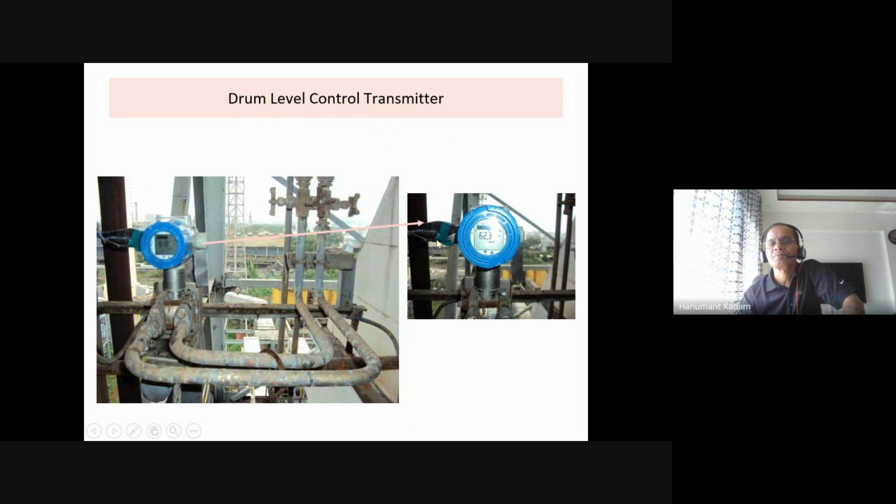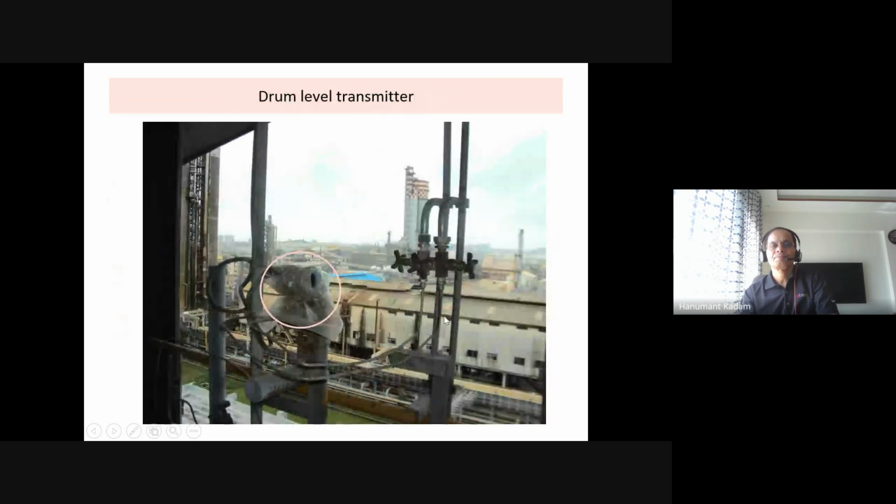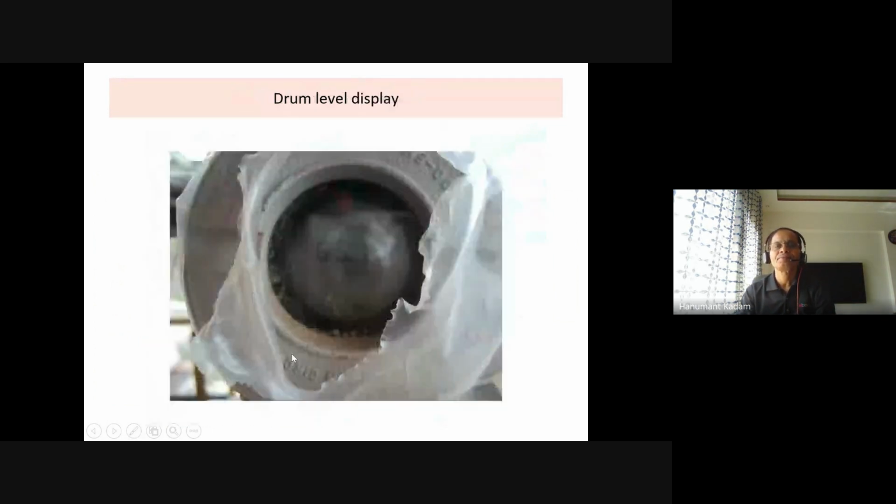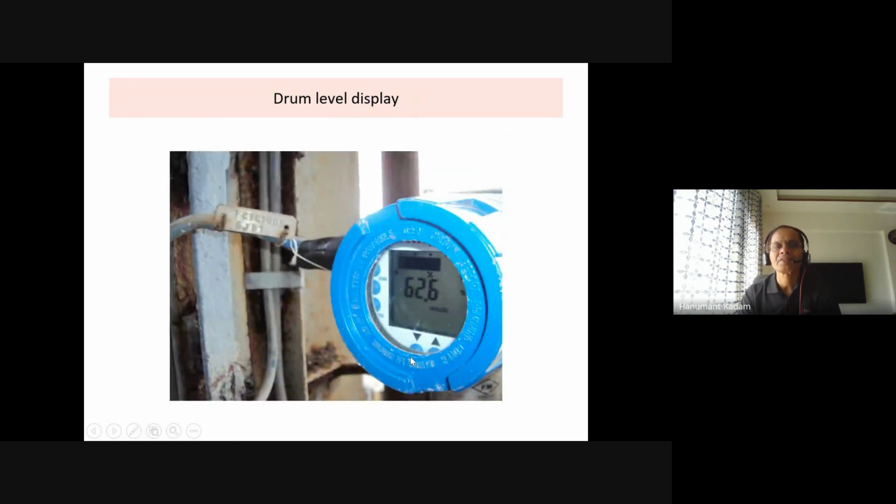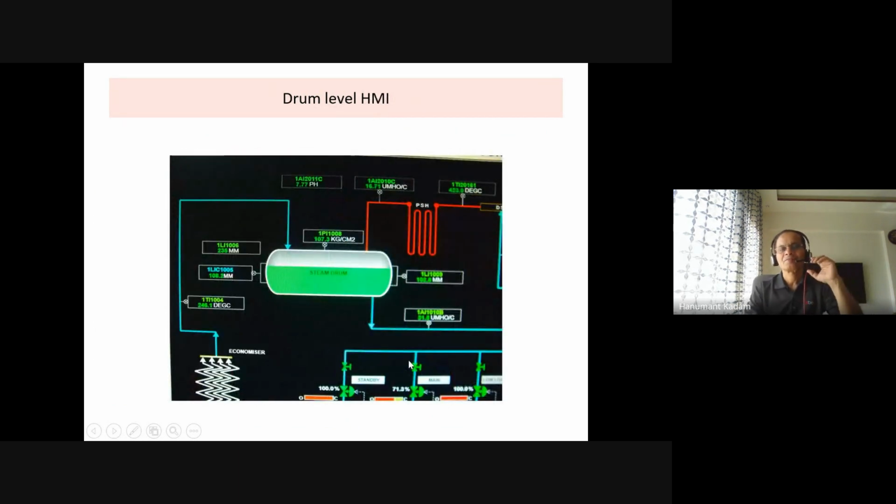This is an old valve, so it is covered. The display here is 62.6, and on the graphics you can see whatever the transmitter is showing on the field side.